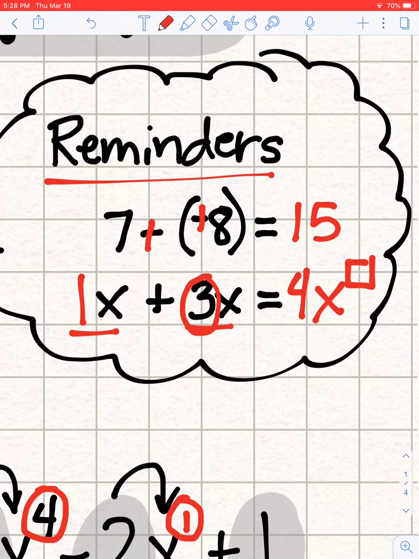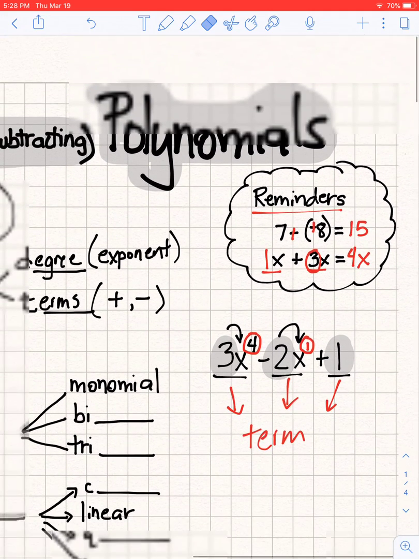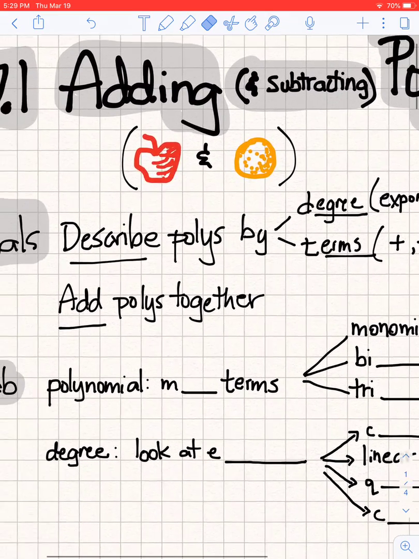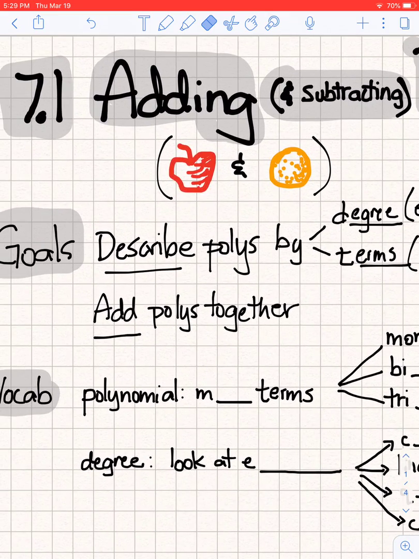Just leave it as 4x to the first power in this case. And we don't even need to write that because it's understood to be a power of 1 if it's missing. Okay, so two reminders: subtractions, and when you add things together, look at the coefficients and just add them up. Again, remember the two goals that we're describing and adding.